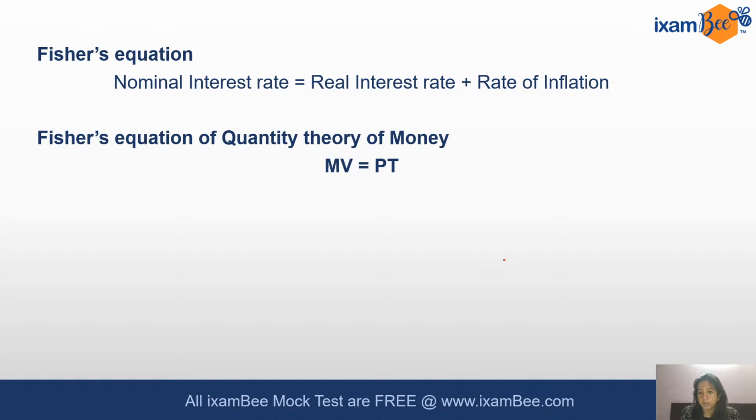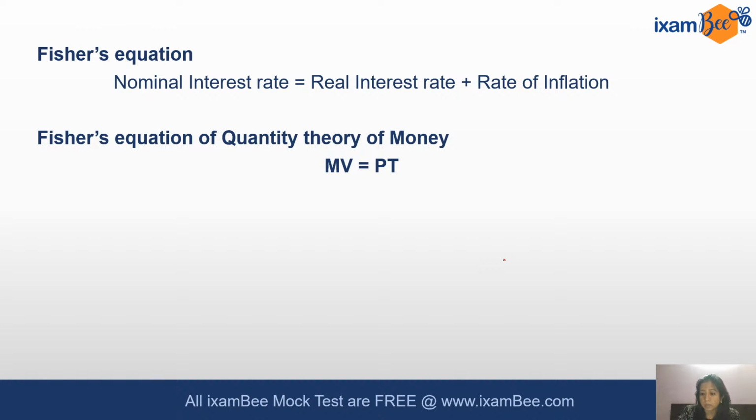When we talk about MV equals PT, it is usually the quantity theory of money. So if you see this equation, you have to reply quantity theory of money. But when we are talking about the nominal interest rate, real interest rate, and rate of inflation, the relationship between these three, then it is the Fisher's equation.